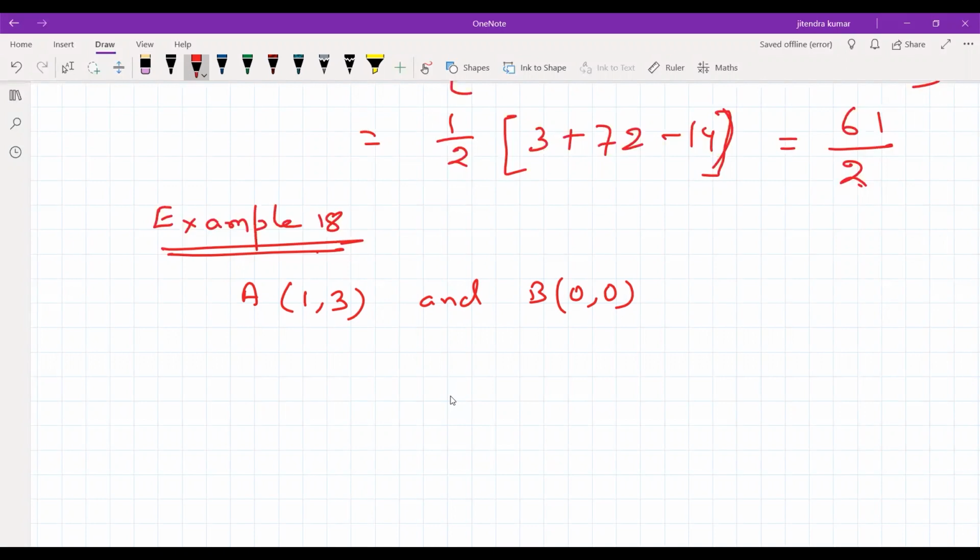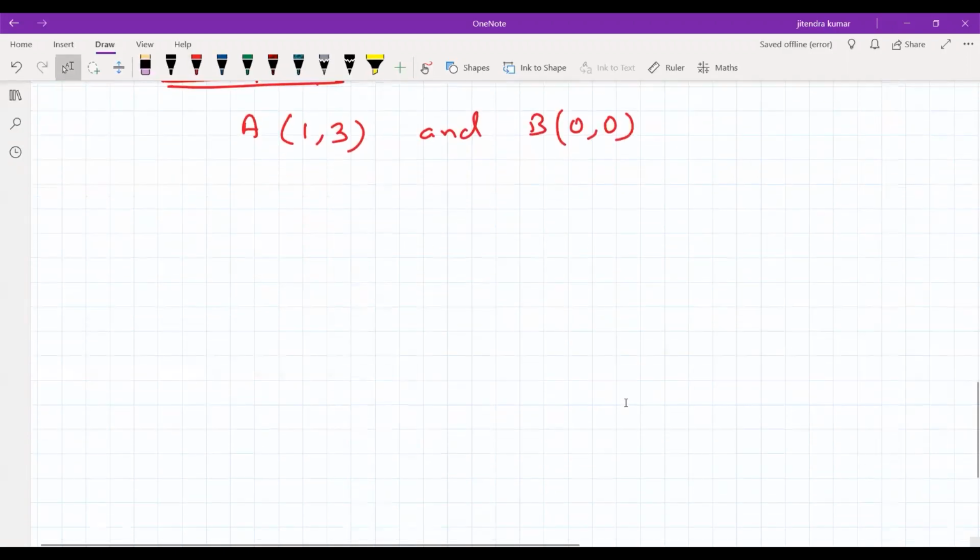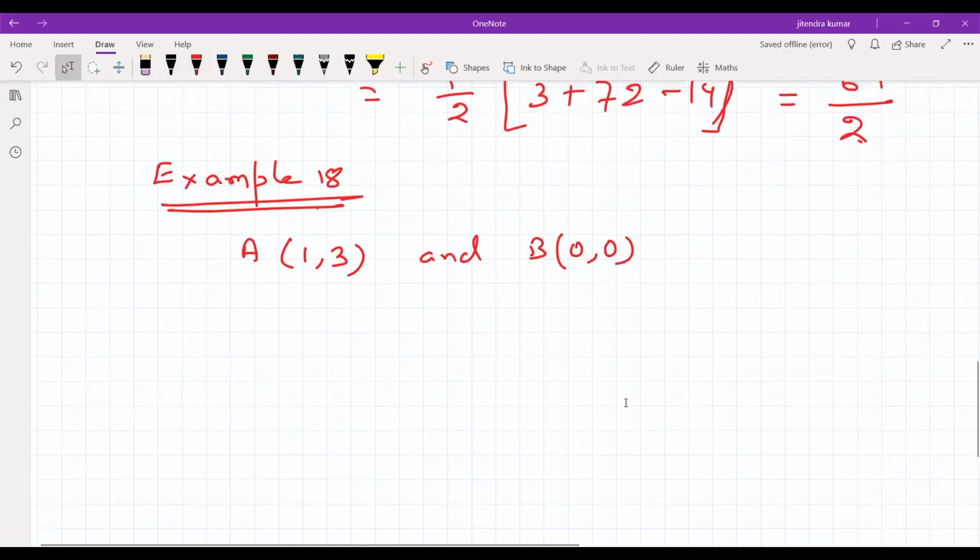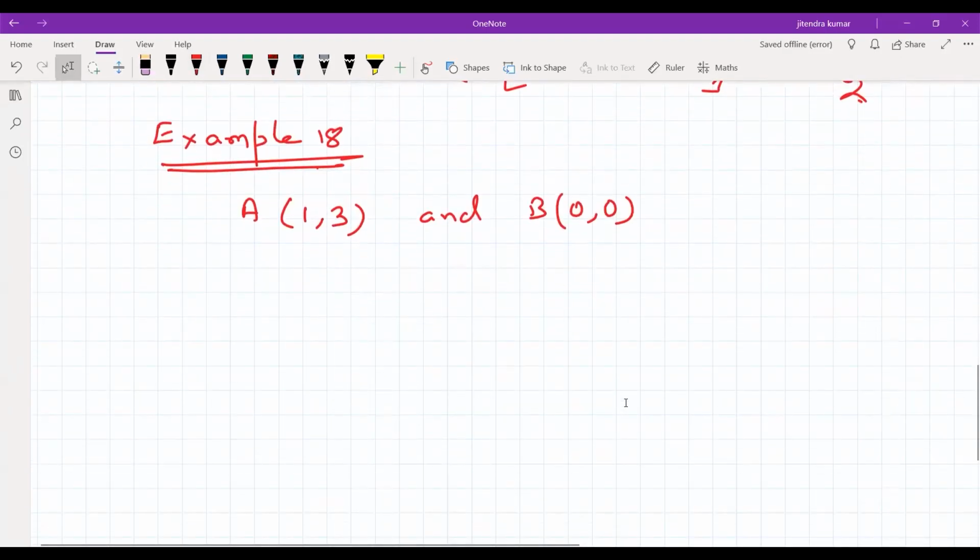And then it says find k if D (k, 0) is a point such that the area of triangle ABD is 3 square units. Okay, so how can we use this? How can we find the equation of a line using determinant?